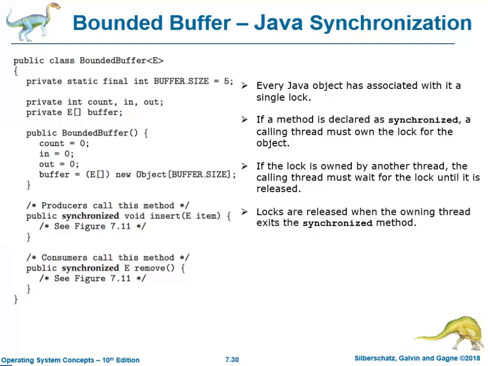The entry set represents the set of threads waiting for the lock to become available. If the lock is available when the synchronized method is called, the calling thread becomes the owner of the object's lock and can enter the method. The lock is released when the thread exits the method.